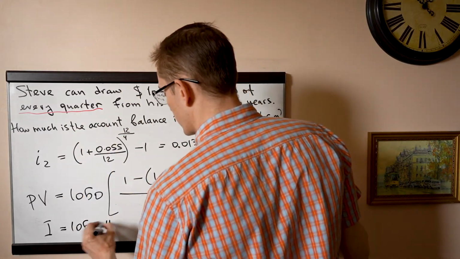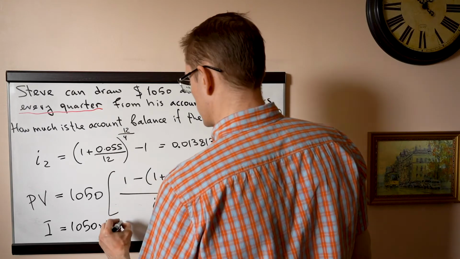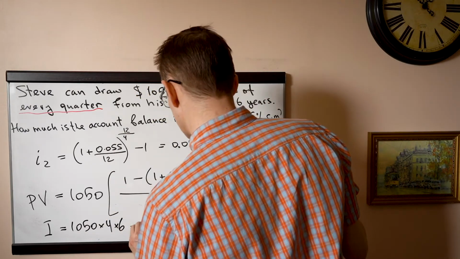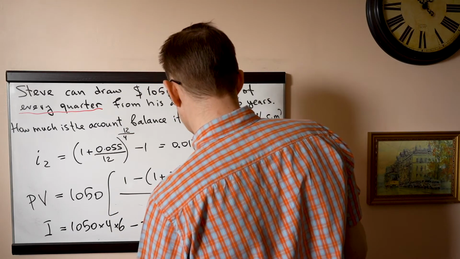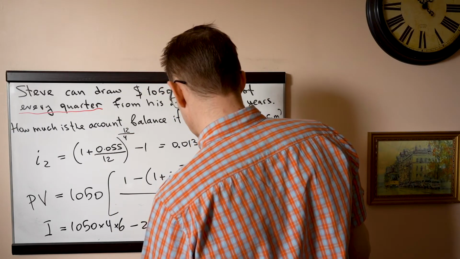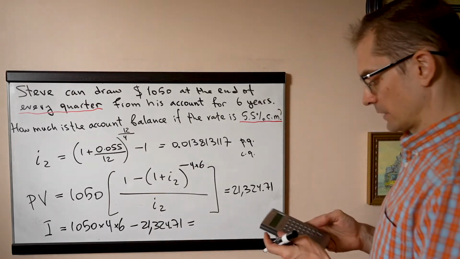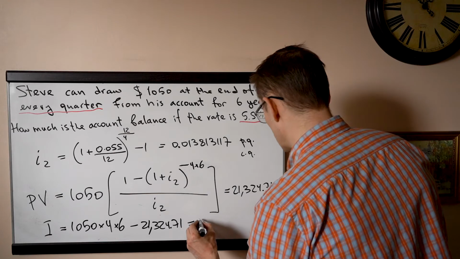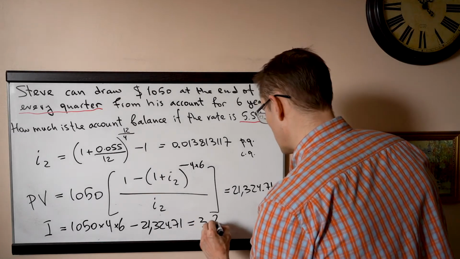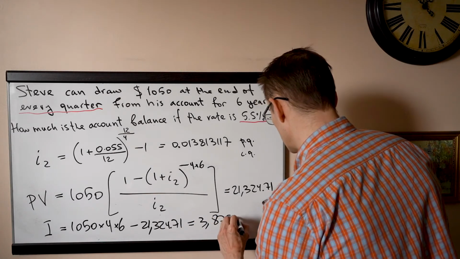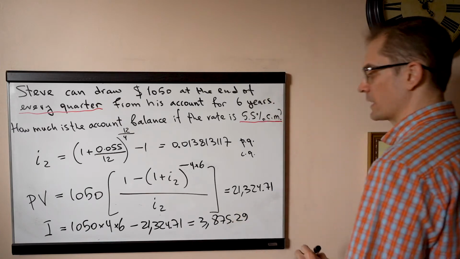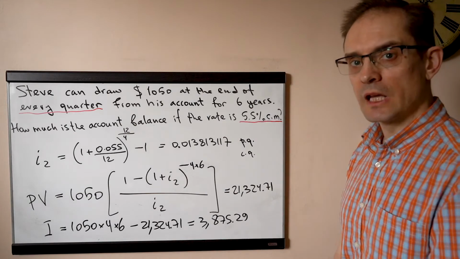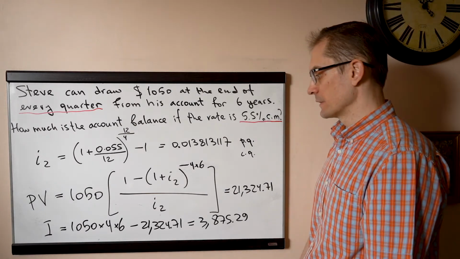It's times 4 per year times 6, okay? So that's all the payments combined minus 21,324.71. So let's calculate that. Okay, so we have 3,875.29. So that will be the interest included in all the payments combined in this problem.